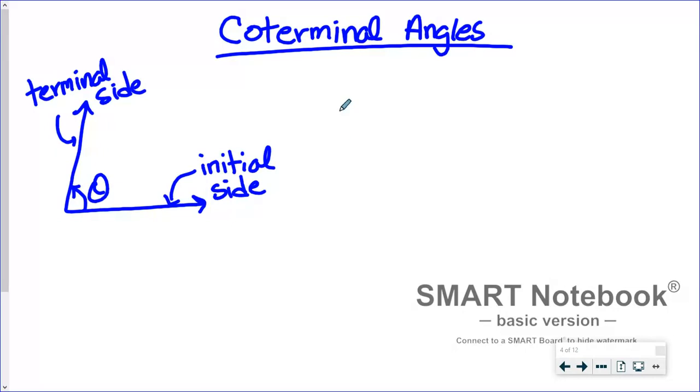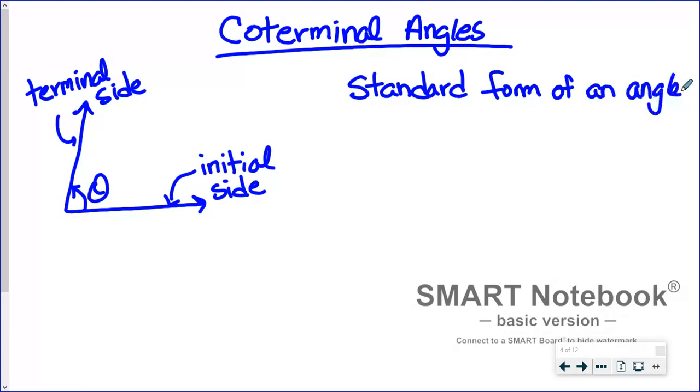Now, in math, we typically talk about angles in what's called standard form. I wish math and science would one day just get on the same page, because it's different than how science does it. Not very different, but it's oriented differently.